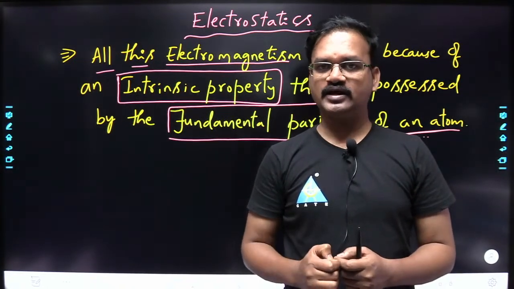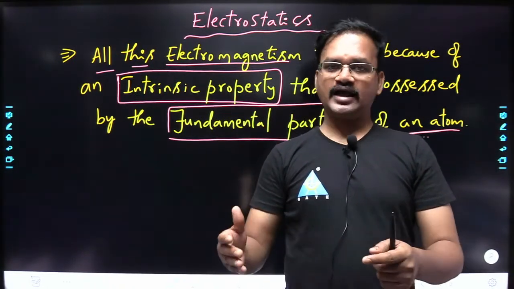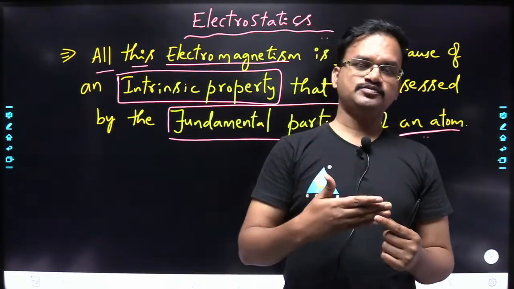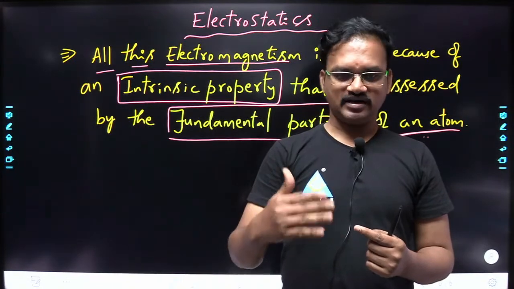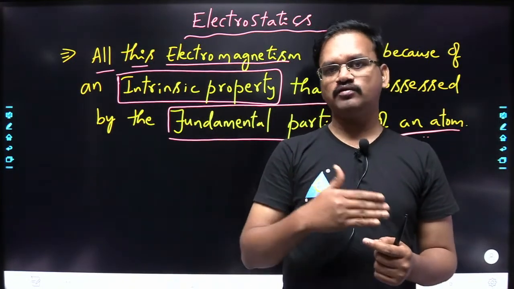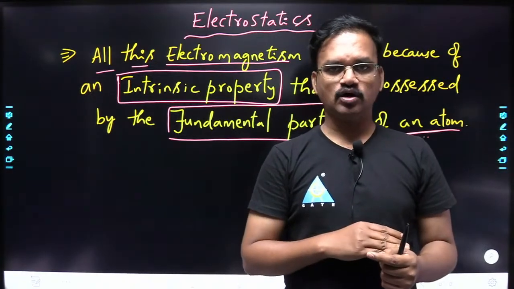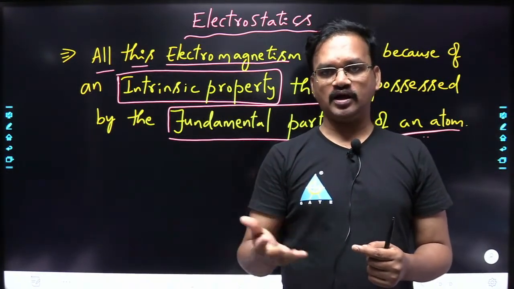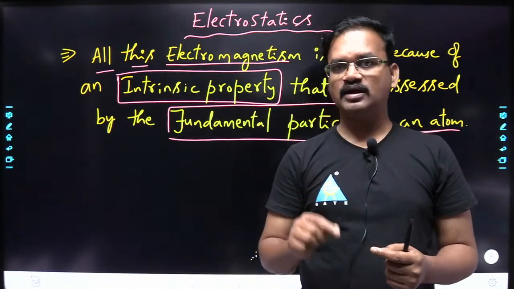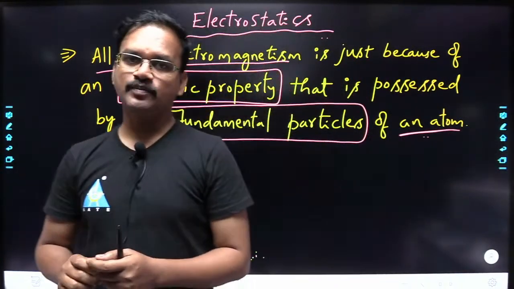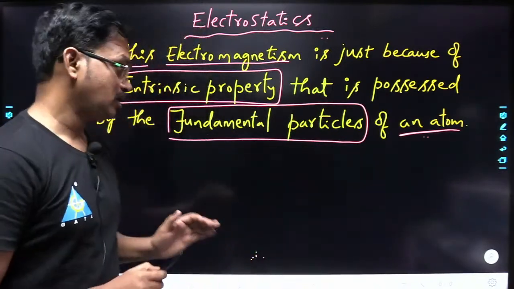You cannot take the object without its mass, yes or no? Whenever you take an object, its intrinsic property, that is mass, also comes along with it. So you cannot avoid mass and take the object. It is an unavoidable property of the object, that is nothing but mass. That type of property we call an intrinsic property.